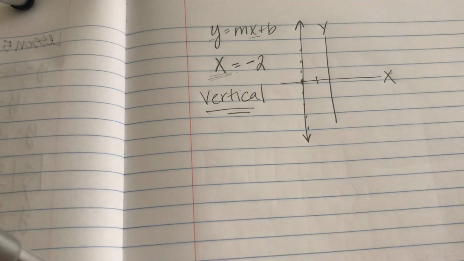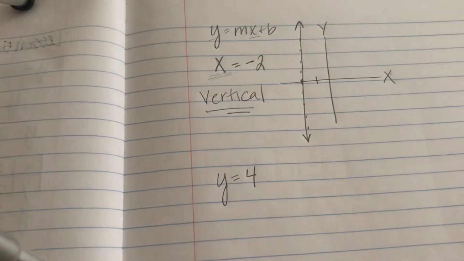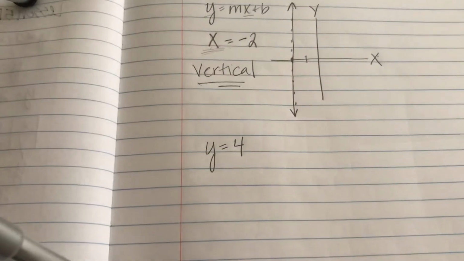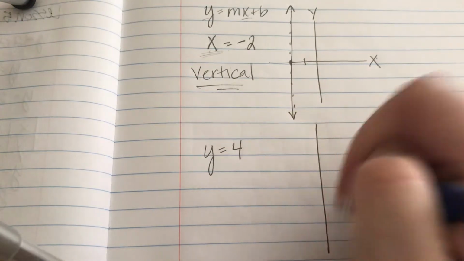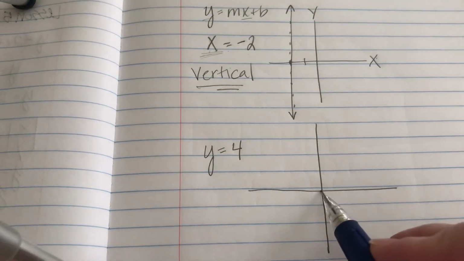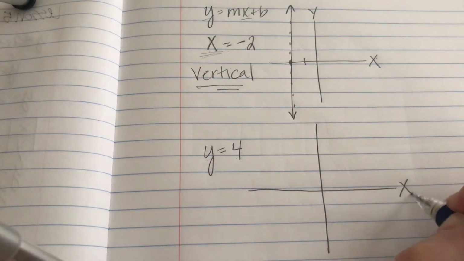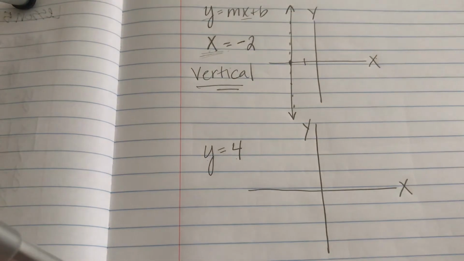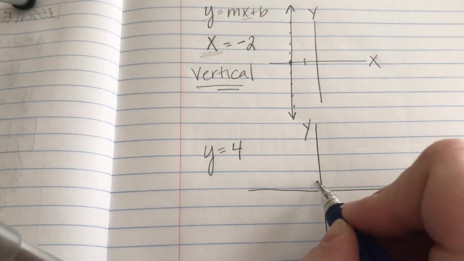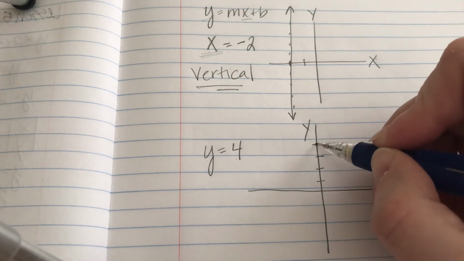And then let's say you're given y equal to something. So it's a little different because now we don't have an x value involved. So now y will always be 4, no matter what the x value is. Again, I'm going to label my axes. So if y is always a 4, I'm going to move up to 4 here.